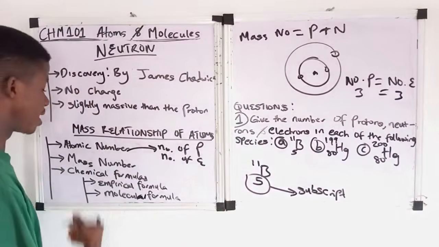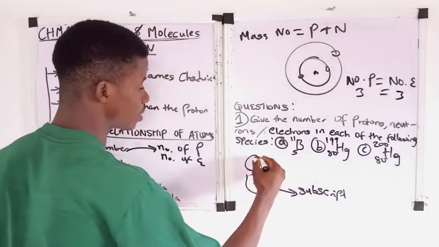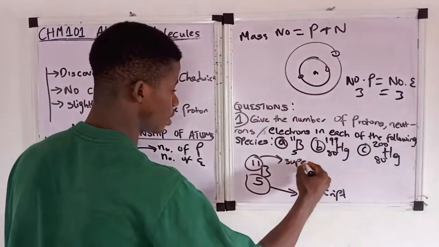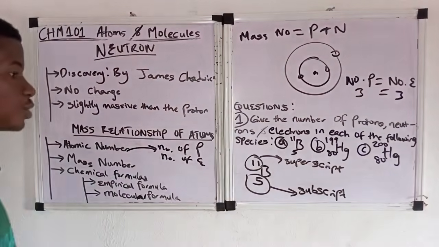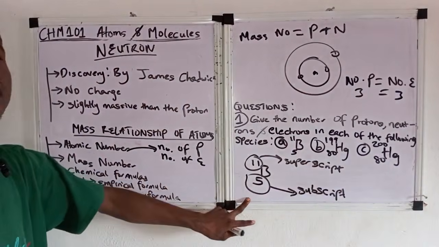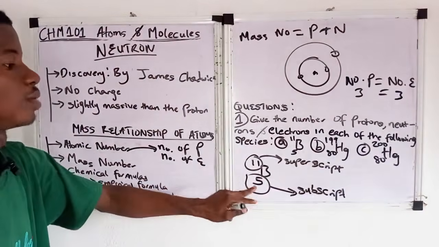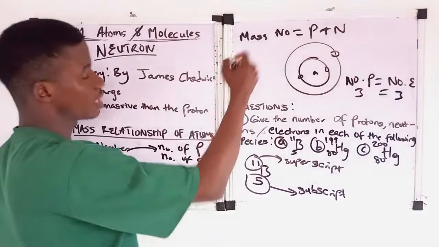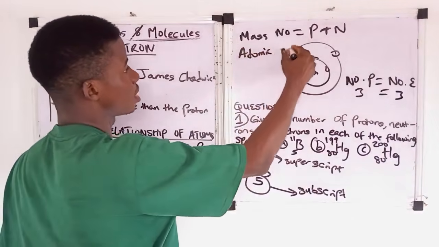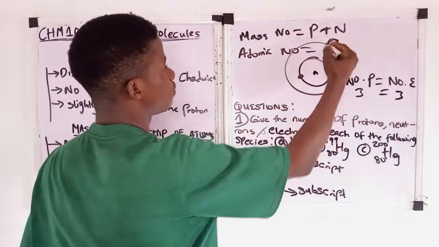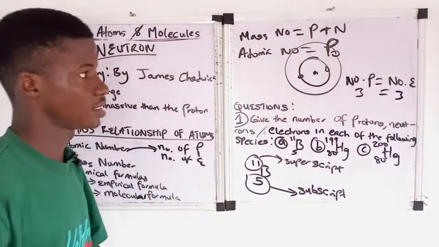The mass number is usually at the superscript of the atom. So this is the mass number, and this is the atomic number. Remember, atomic number is just equal to the number of protons.